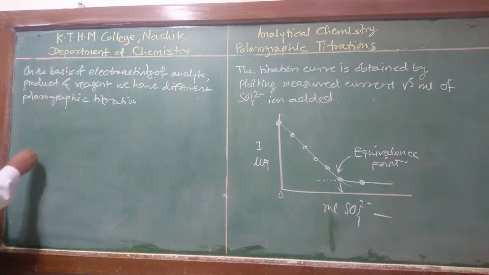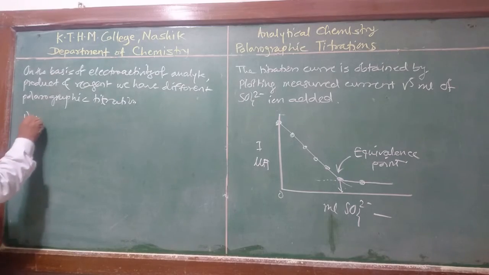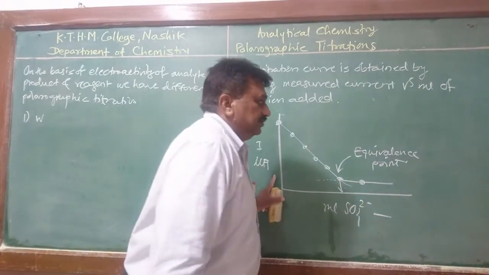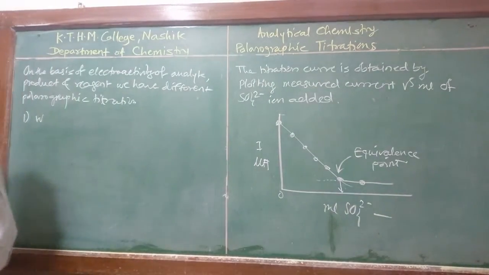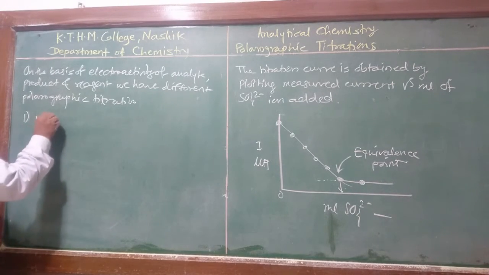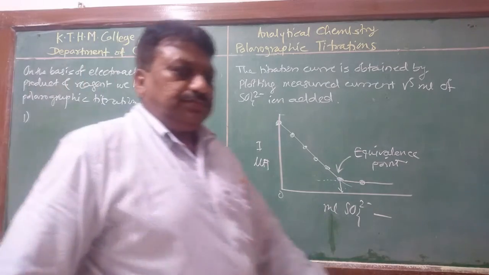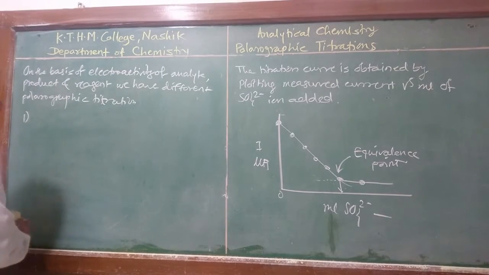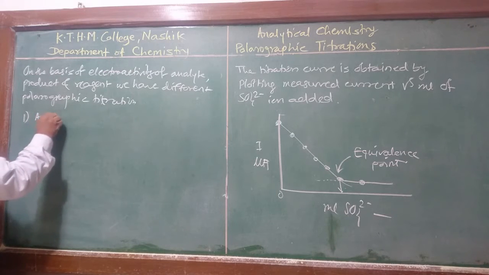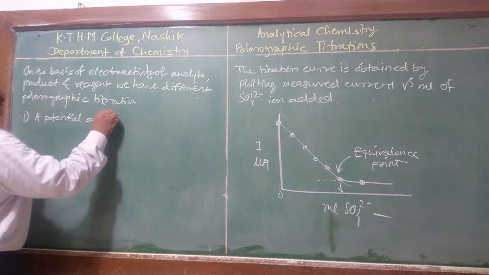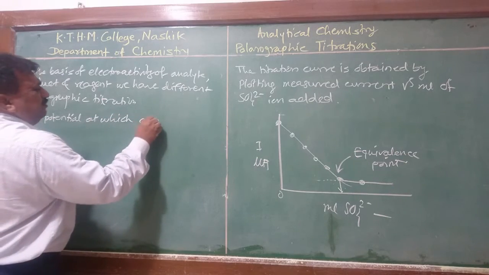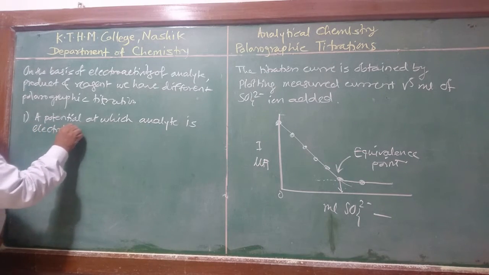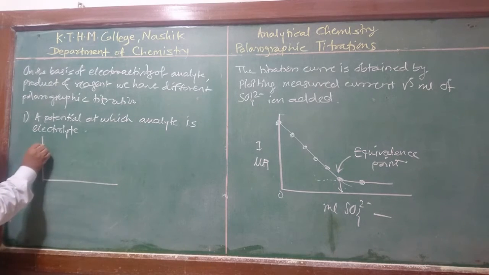This is the first type, where only the analyte is electroactive, while the reagent and the product are not. So, at a potential at which the analyte is electroactive, the nature of the graph is as shown in the figure, like this.